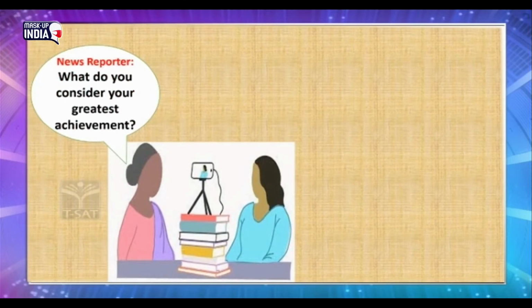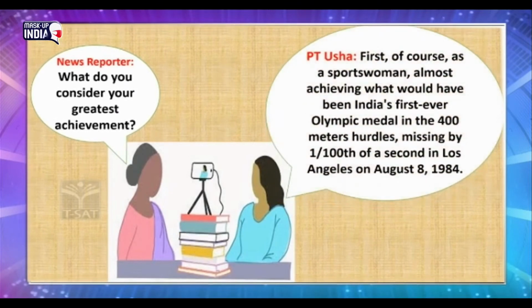Reporter: What do you consider your greatest achievement? PT Usha: First, of course, as a sportswoman, almost achieving what would have been India's first ever Olympic medal in the 400 meters hurdles, missing by 100th of a second in Los Angeles on August 8, 1984.